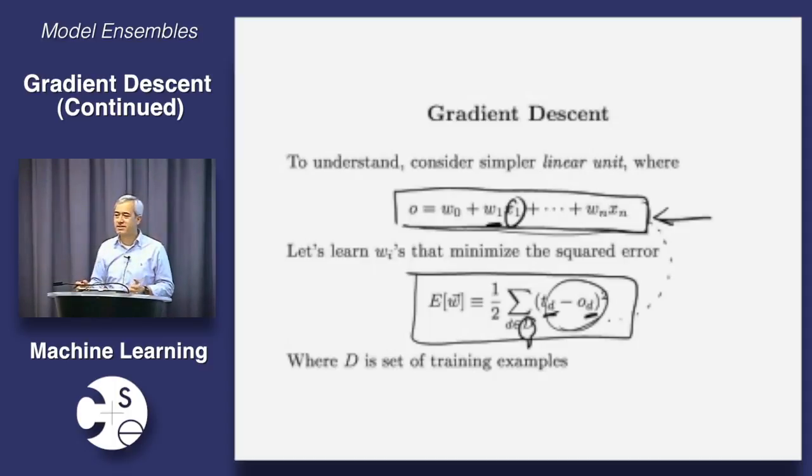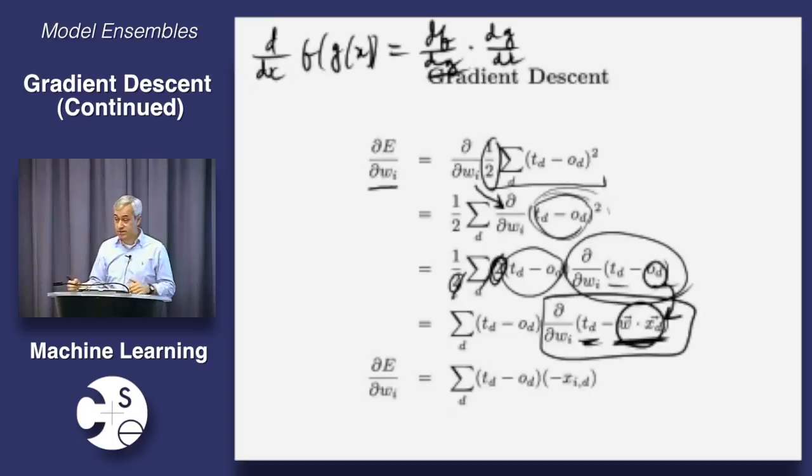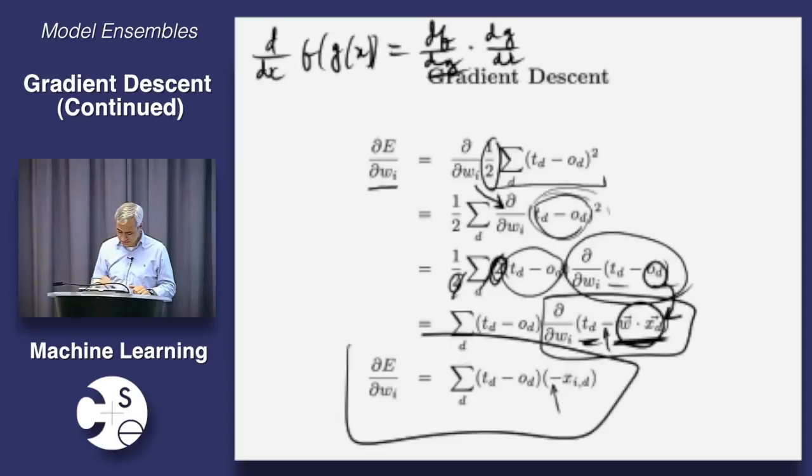Just gave it away. xn. So in general, the derivative with respect to wy is xi, except for one small detail, which is what? This minus sign here. So it's going to be minus xi. Okay? Everybody agree?